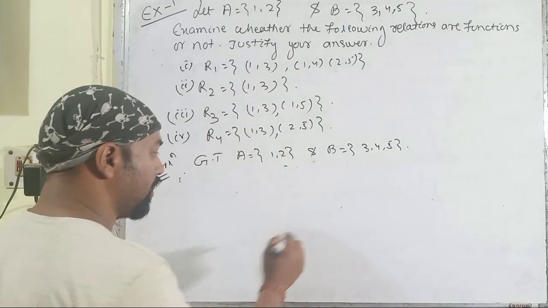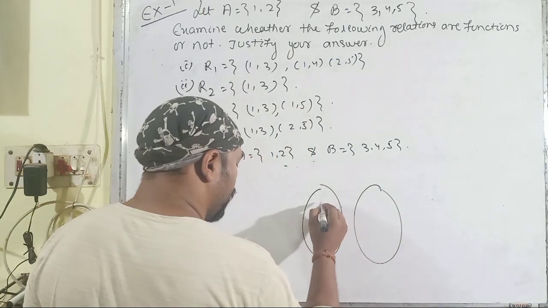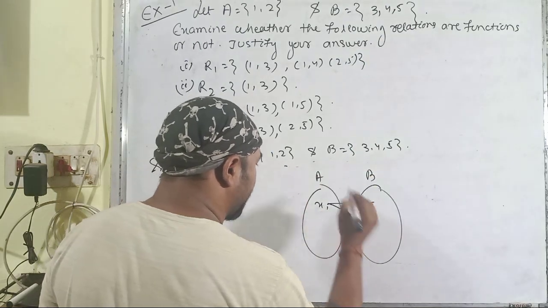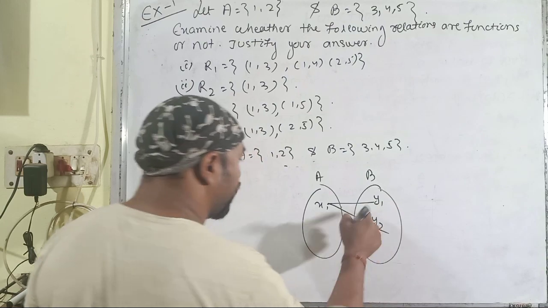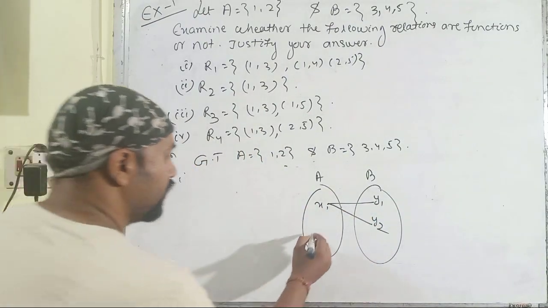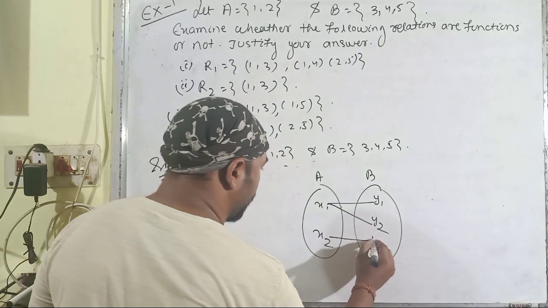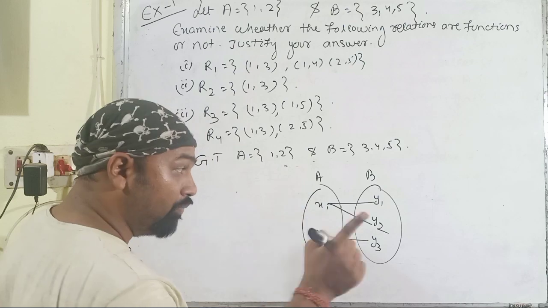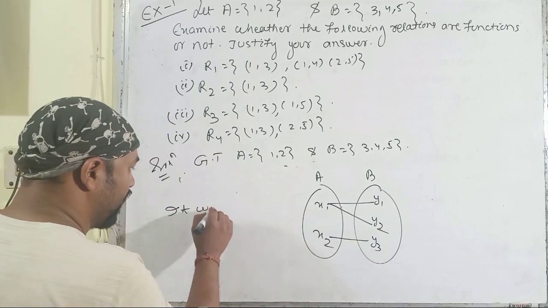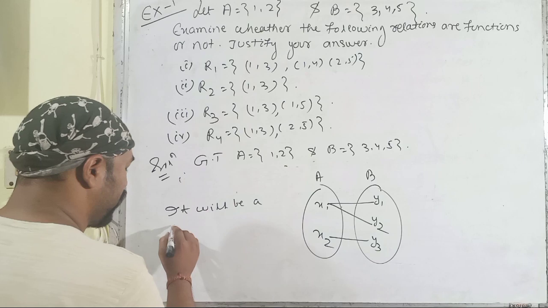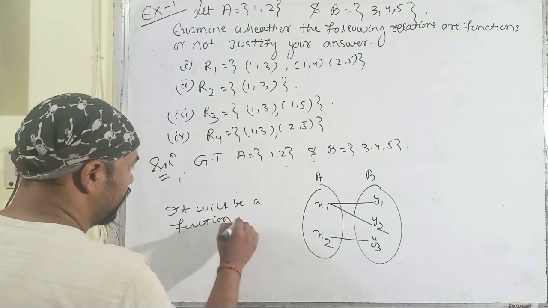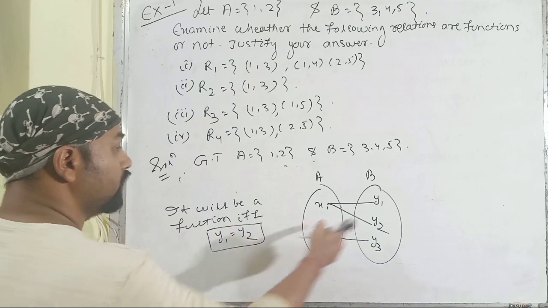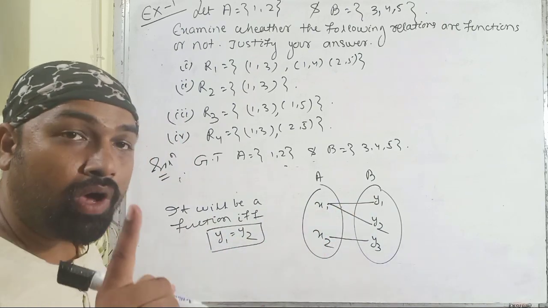We have already discussed this. Suppose there is an element x1 in the first set, and it is making 2 ordered pairs with y1 and y2, and another element x2 is making an ordered pair with y3. Then it will be a function if and only if y1 is equal to y2, that is, these two images must be equal to each other.